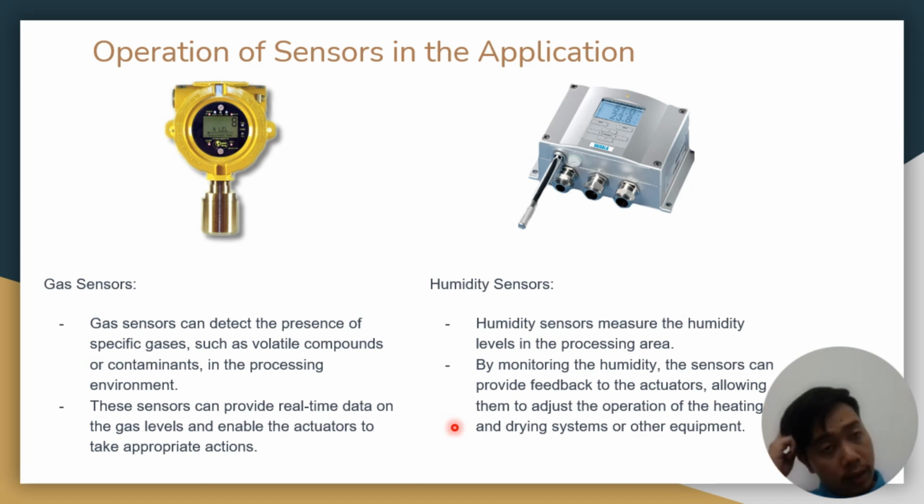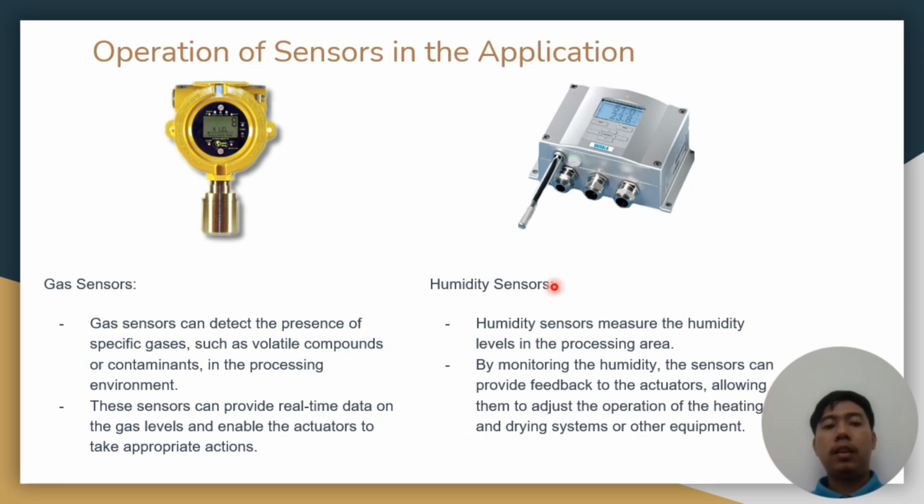For instance, if certain gases exceed acceptable levels, the actuator can activate the ventilation system or adjust the airflow to mitigate the issue and maintain a safe and controlled processing environment.